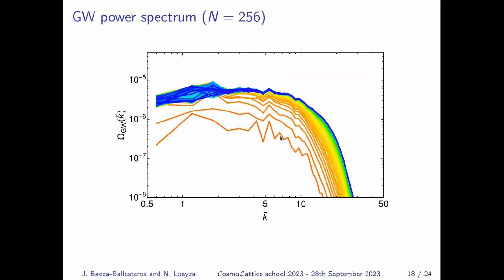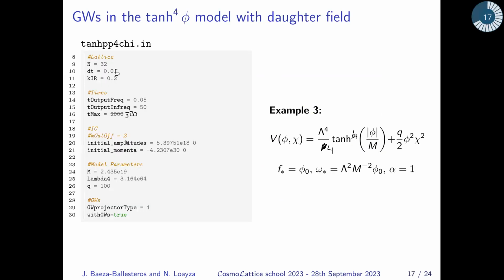What is happening is that the Q parameter here is big enough that the dominant physics comes from the interaction between the two fields rather than from the self-interaction of the inflaton field into itself. So these multiple peaks are superseded by the physics coming from the interaction.